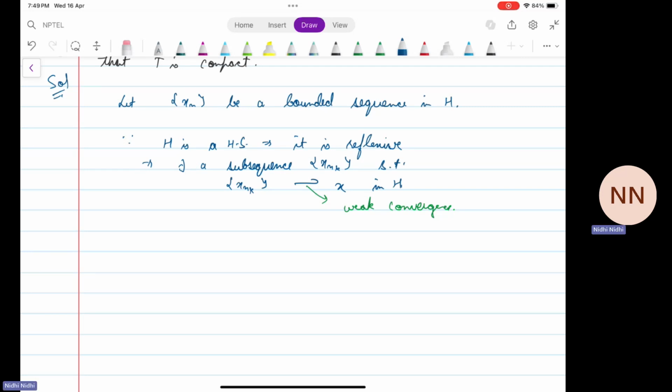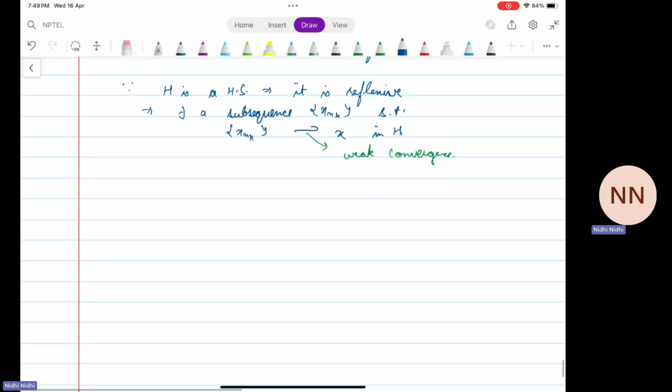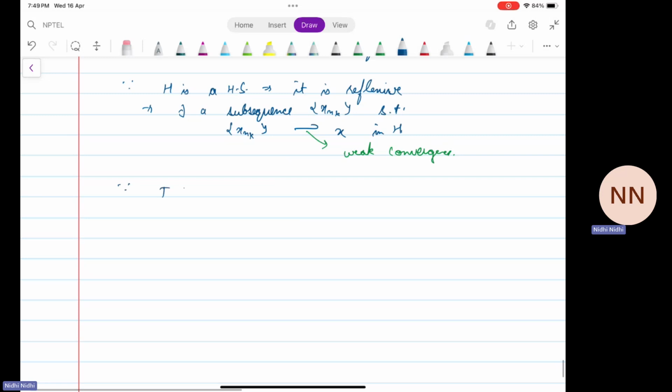Now, since T is a bounded linear operator, we all know that a bounded linear operator maps a weakly convergent sequence to a weakly convergent sequence. Since T belongs to B(H, L1), this implies T x_nk is weakly convergent in L1.